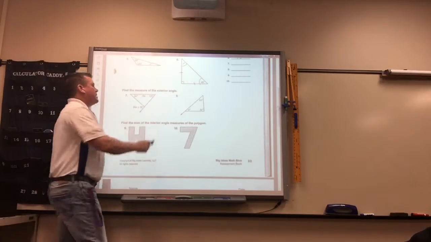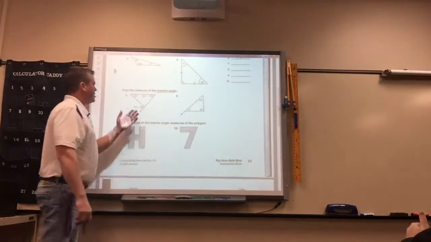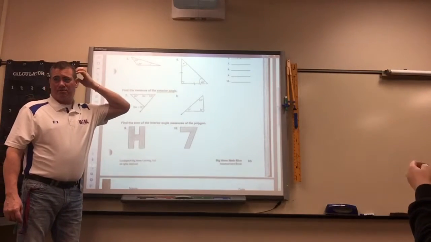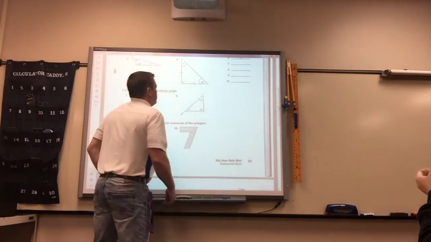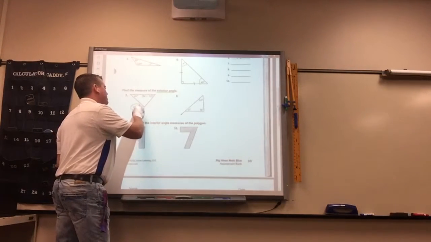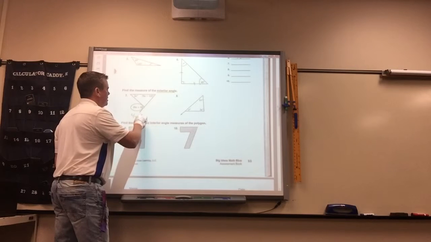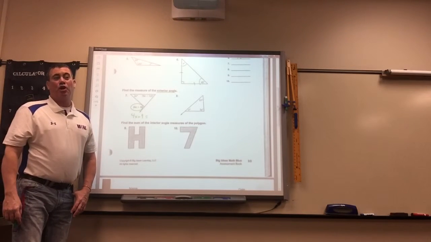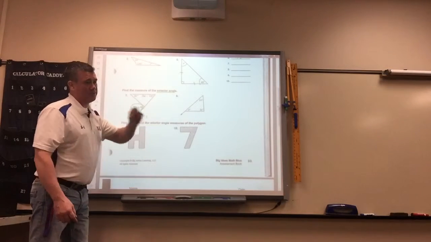Now, exterior angles. These are ones where there's more than just one X in it. So you need to know this formula. The exterior angle, 4x plus 9, is always going to equal what? All of the exterior angles will add up to 360, that's right.